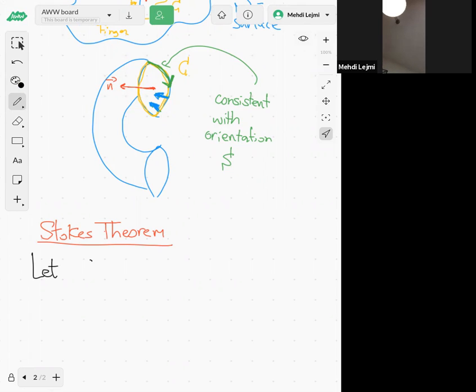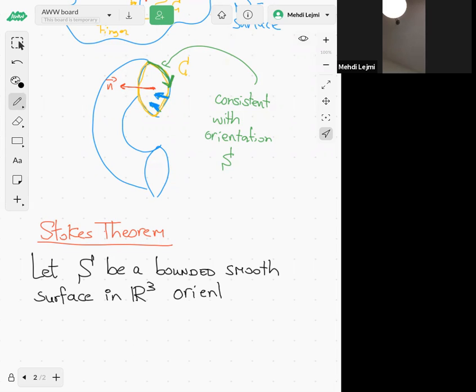Let S be a bounded smooth surface in R3, oriented.